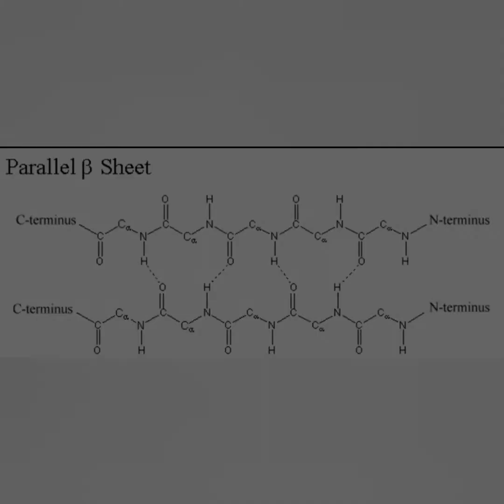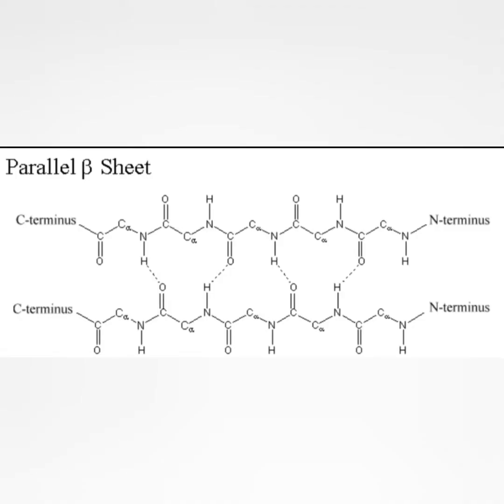As you can see here, this polypeptide chain runs from the C terminal to the N terminal, and this other polypeptide chain also runs from C to N terminal. So they are called parallel beta sheets. But when one strand runs from C terminal to N terminal and the other runs from N to C, it is referred to as anti-parallel strands.